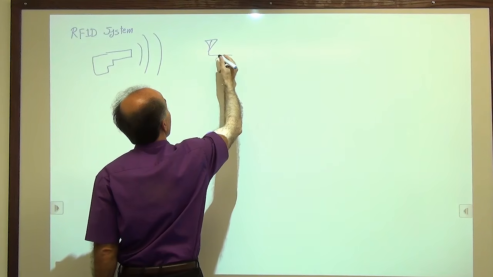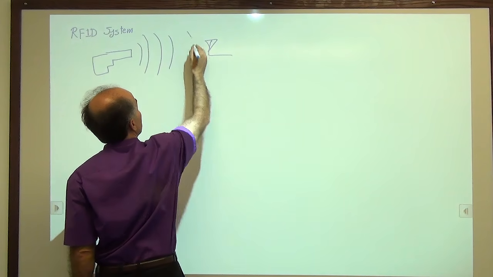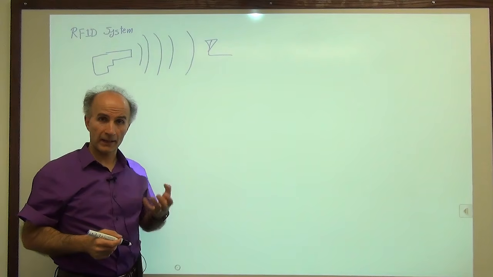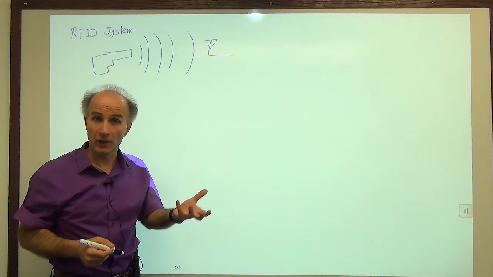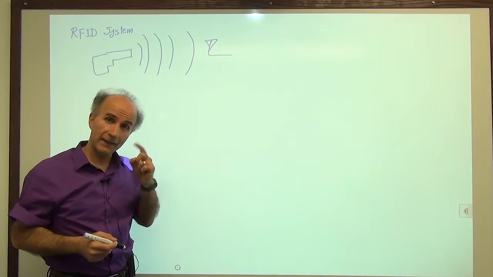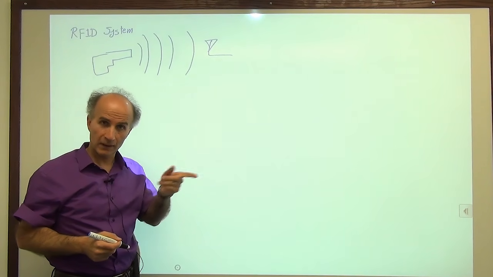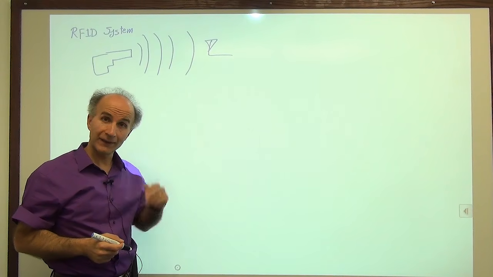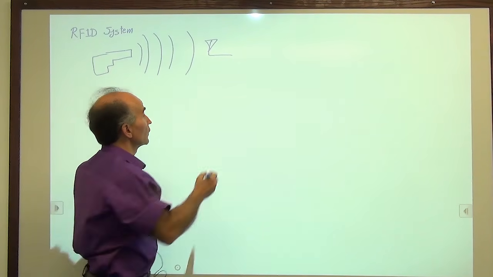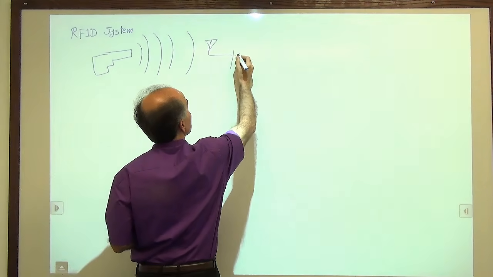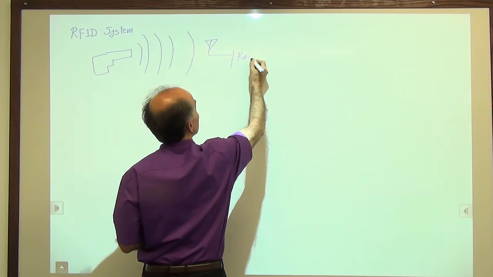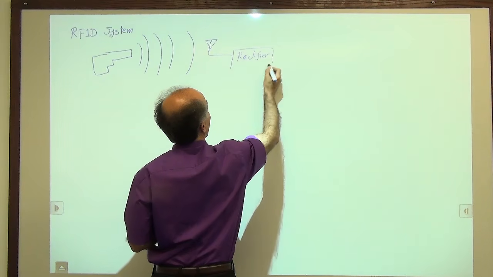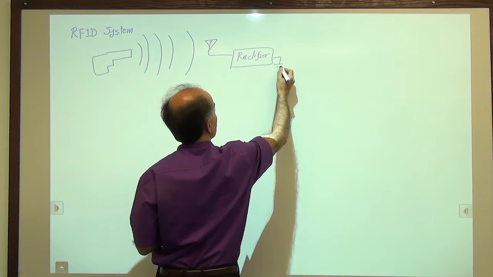And now as these waves arrive at this antenna, the antenna itself has some wave on it, some energy on it. So we take that energy, which is approximately a sinusoidal waveform, and rectify it to generate a DC. So we have a rectifier here, and maybe a capacitor.